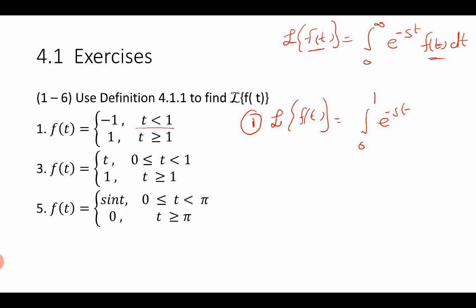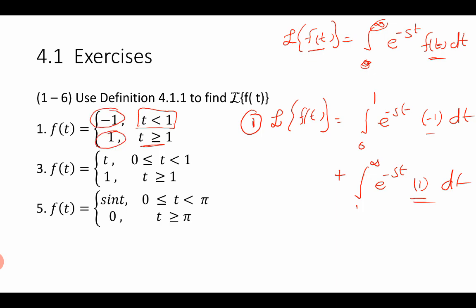See, t less than 1, and of course our domain starts from 0, so the lower limit is 0, upper limit is 1. F of t is minus 1, plus the second part, t greater than or equal to 1, so from 1 to positive infinity e raised to minus st times positive 1 dt. See, this negative 1 is from the first part, positive 1 is from the second part.